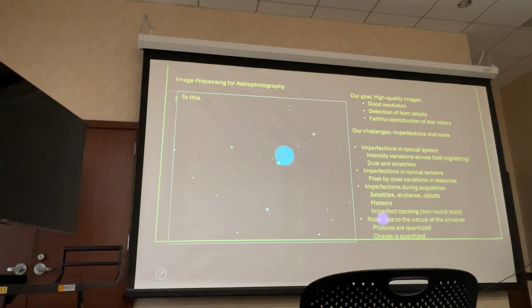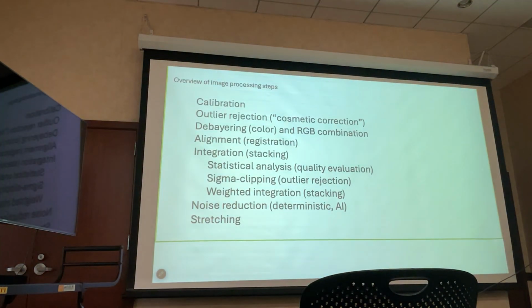Noise due to the nature of the universe. One of the big issues in noise is so-called shot noise, which is just fundamental. It comes from the fact that charge and photons, our unit of light, are quantized. They come in discrete packets, and that actually dominates the noise, ultimately, of our images.